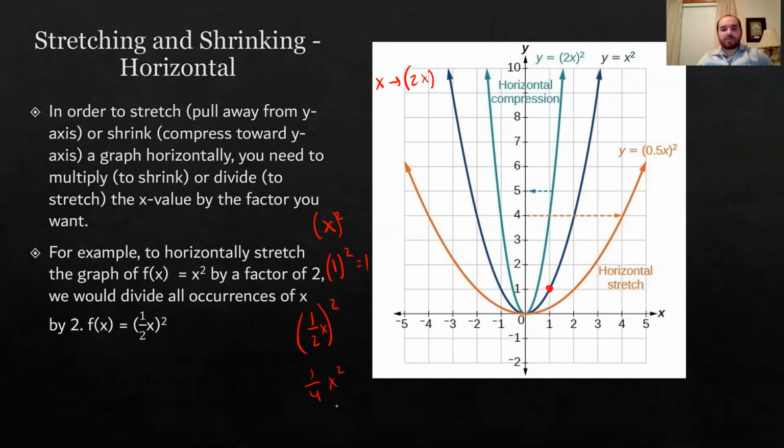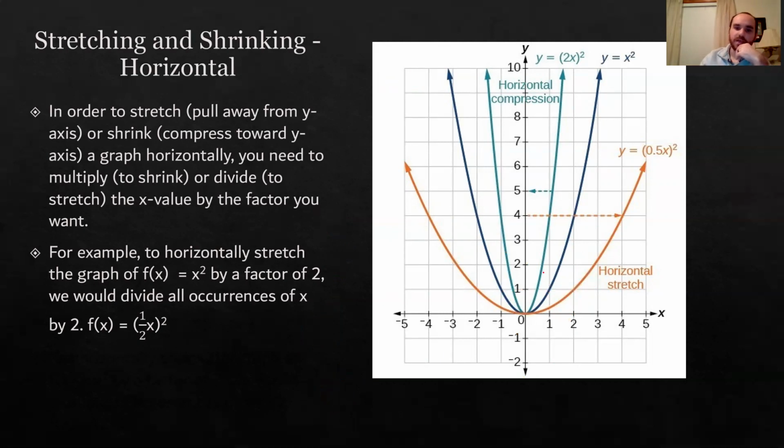If we plug in 1 for x, we get 1 times 1/4, which is 1/4. So right here, this is only at 1/4. Over here, it's doubled our width, right? At 2, x squared is equal to 4, and 4 times 1/4 is 1. So our point would now be (2, 1). So it's basically just doubling the width when you divide by half.